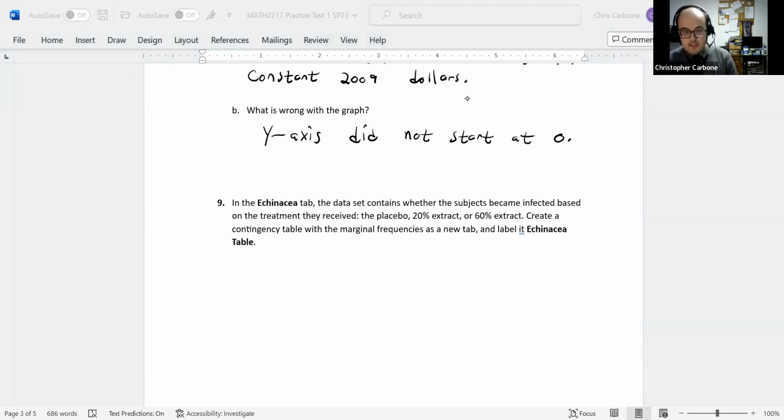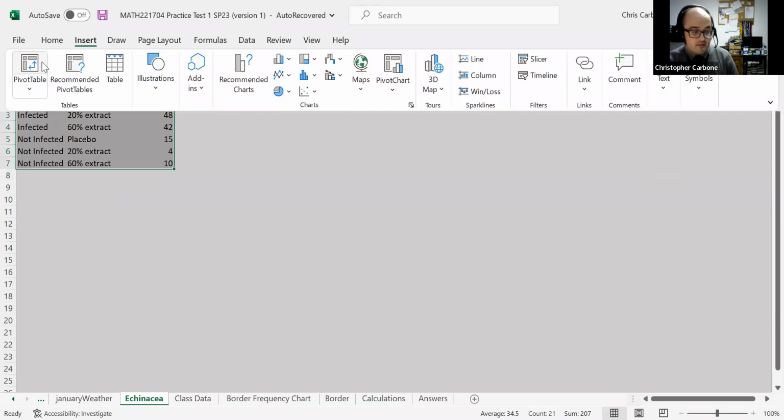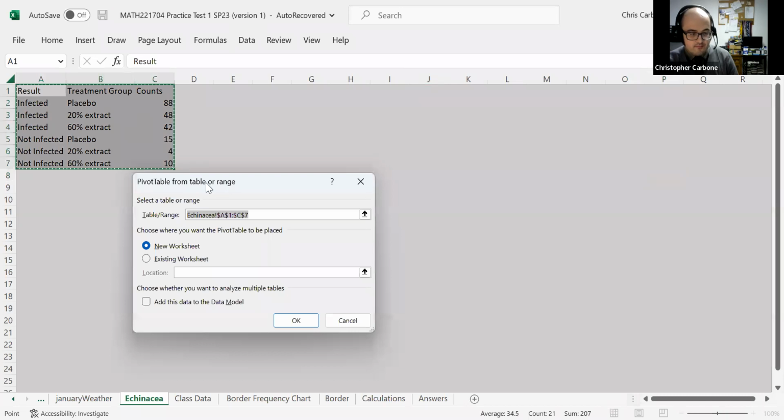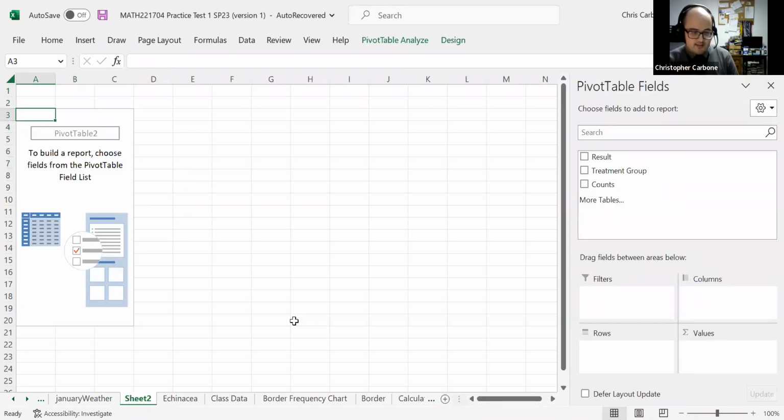So let me pull that up here. This is the table that's being referenced. We are going to select this table, and like before, go to Insert, Pivot Table. I'm going to hit OK, and it's going to give us this.